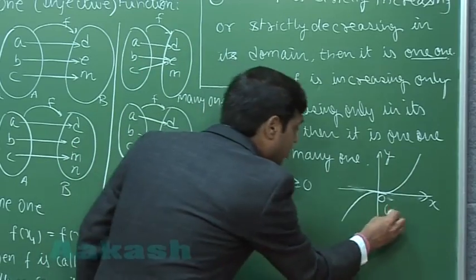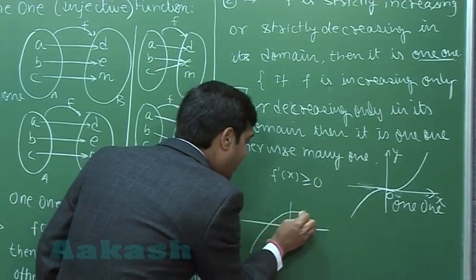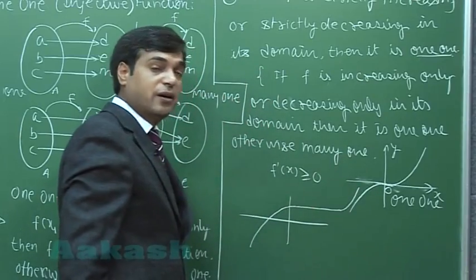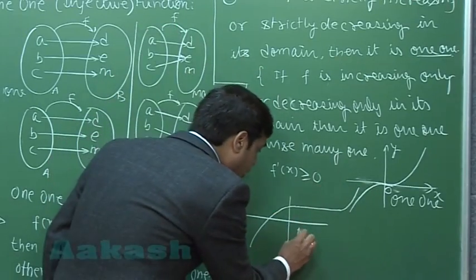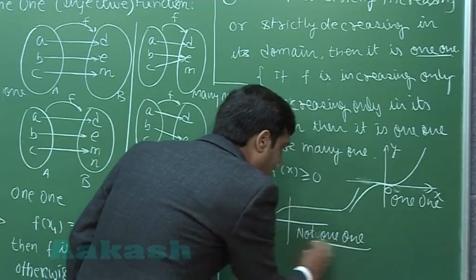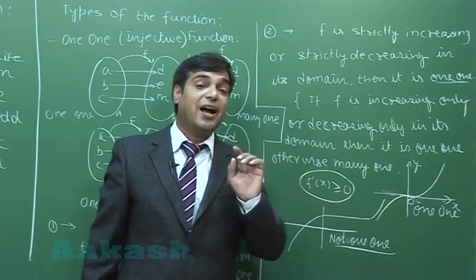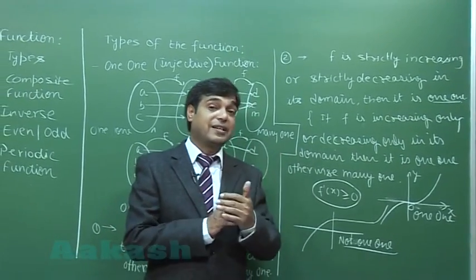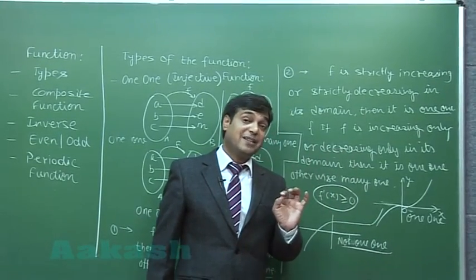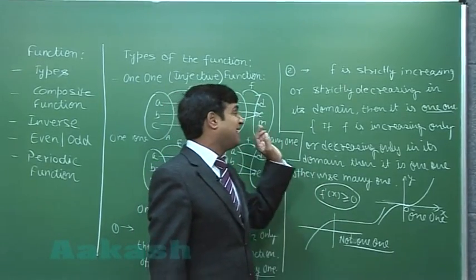Instead, if I draw the graph like this and it becomes constant for some interval and then again it is increasing, the function is increasing but not one-one. So when I'm using the term equality in derivative, I'm mentioning that it's for the point. It is point-wise. So if it is for some interval, then it will not be one-one. In that case, it will be termed as many-one. This is clear? So this is an alternative approach for checking one-one.